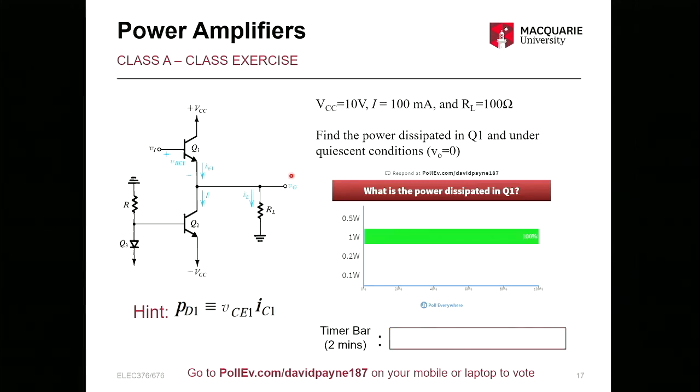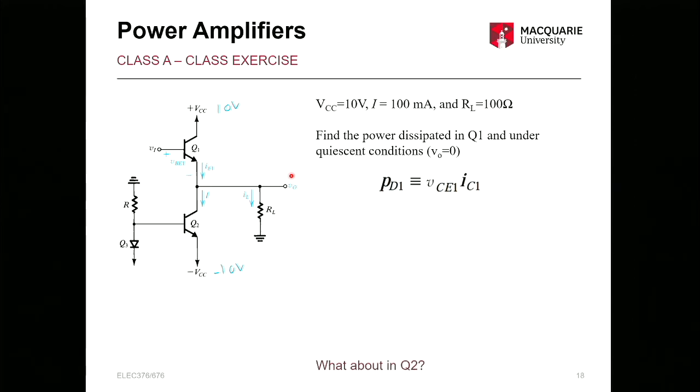Okay, everyone happy with that? So just to go through it. We know the equation, as I said, is on the screen now. Our VC1, if we have a 10 volt supply and 0 at the output, is going to equal just 10 volts, very simple.